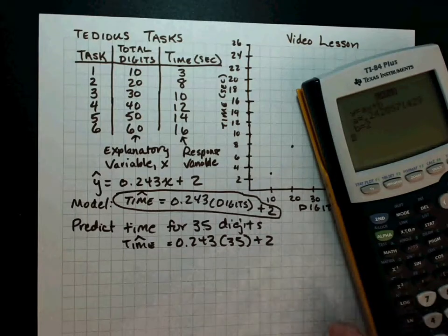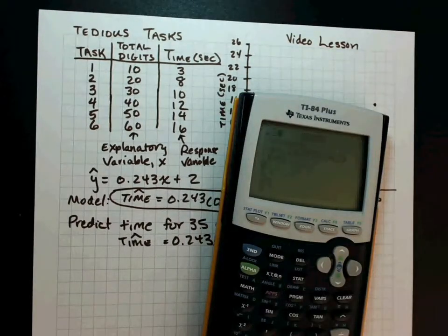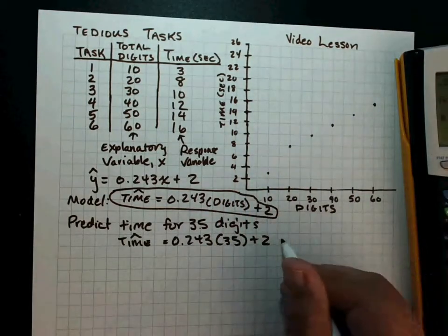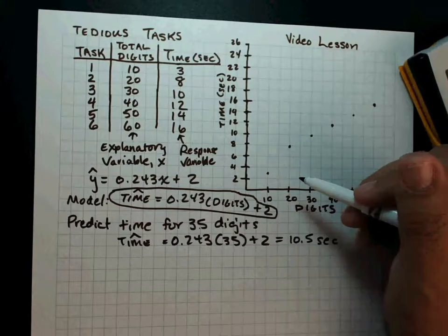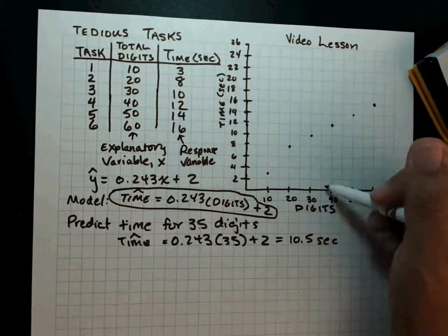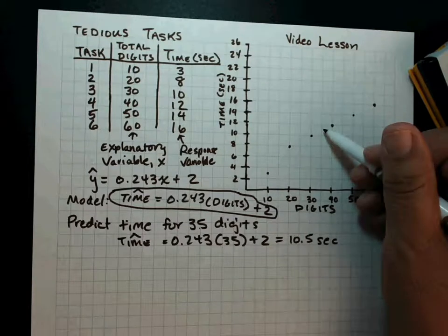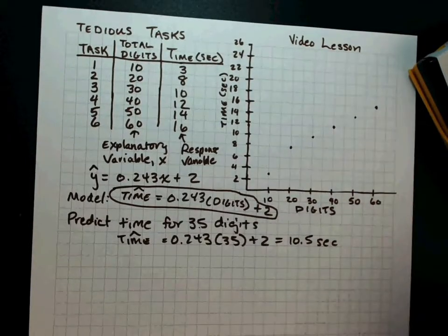Put that in my calculator, 0.243 times 35. I always like to do that first, plus 2. I'm predicting 10.5 seconds. Which, if you look at it, for 35 digits, right there, it would be about 10.5 seconds. That makes sense. So this looks like a very good model.